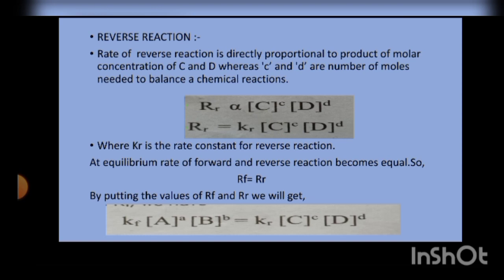Now, you know that at equilibrium, the rate of the forward reaction and the rate of the reverse reaction become equal. So when we talk about equilibrium, we have to write both rates and equate them.